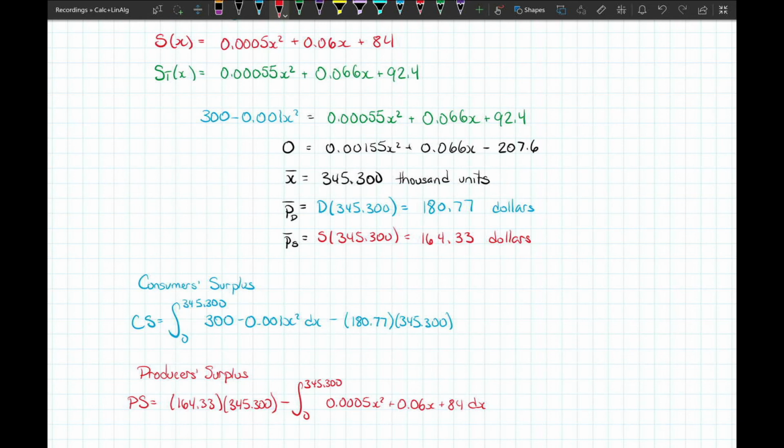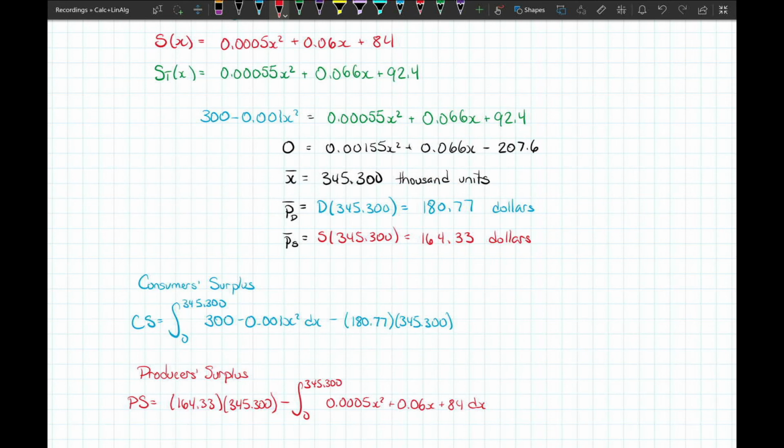The equilibrium price for the demand function, or for the consumers, is $180.77, but the equilibrium price for the supply curve is $164.33. And I'll leave it as an exercise to you to go ahead and integrate this and plug in those values. We'll have the same antiderivatives as before, but we'll be plugging in a slightly different equilibrium quantity.